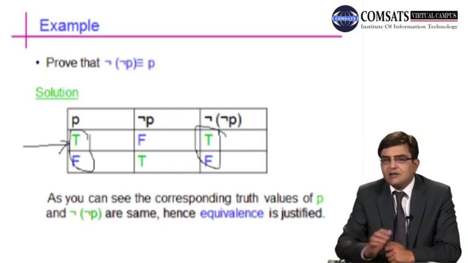We can see that the truth value in each row of these propositions, not not P and P, are exactly the same. Therefore we can say that these two propositions are logically equivalent.